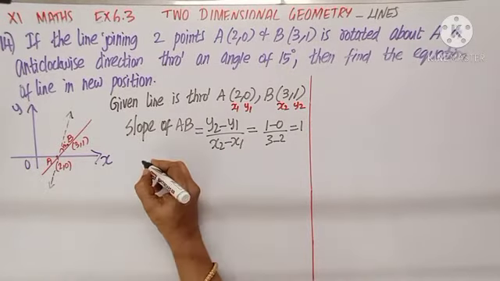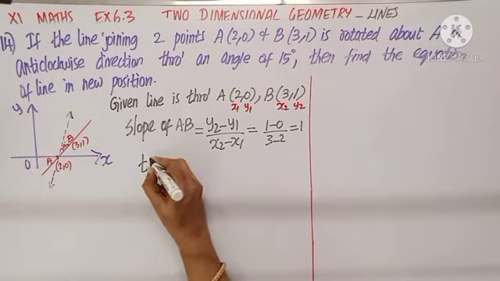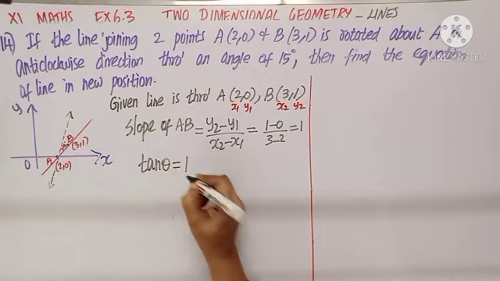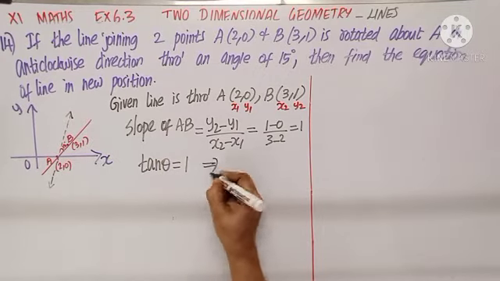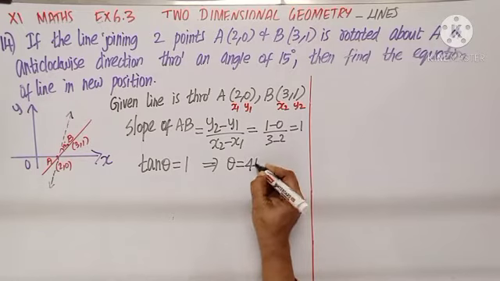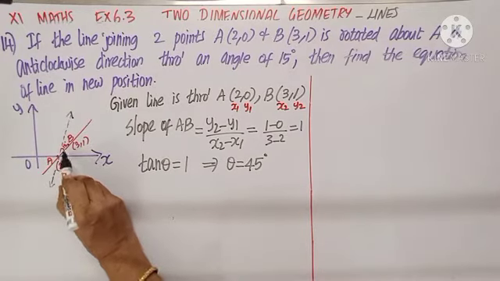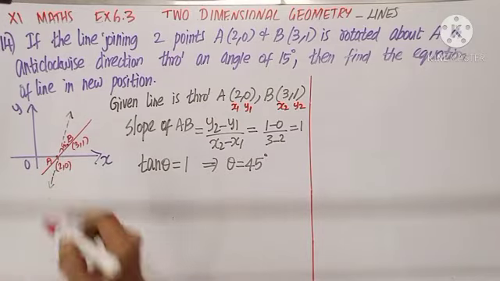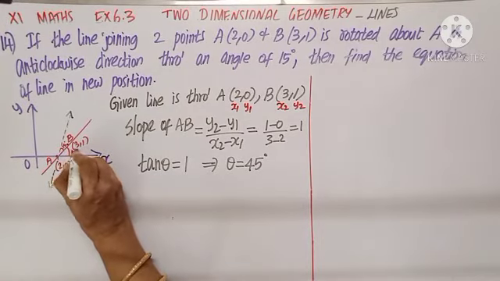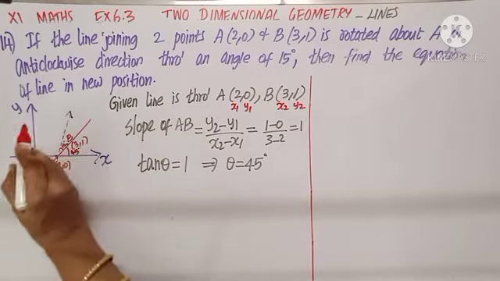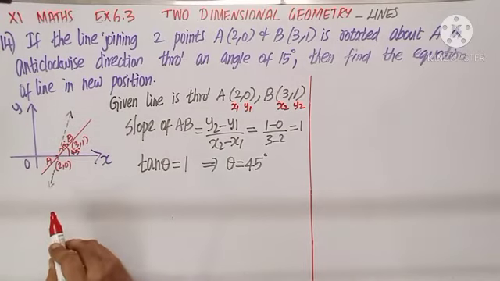If the slope is 1, I can compare it with tan theta. Tan theta equals 1 tells me theta must be 45 degrees. So, AB makes an angle 45. This line is rotated 15 degrees anti-clockwise.